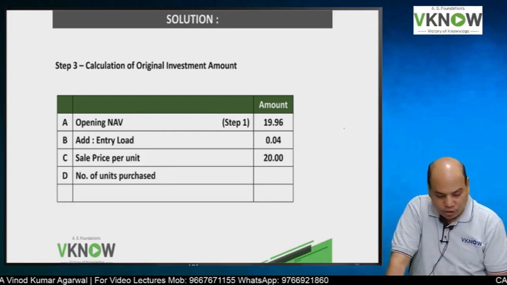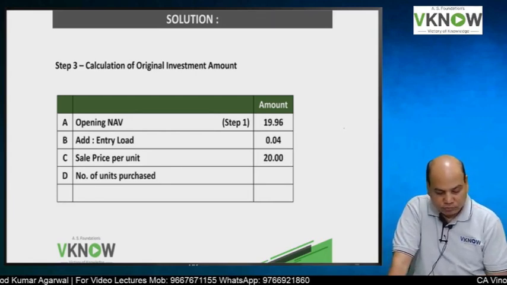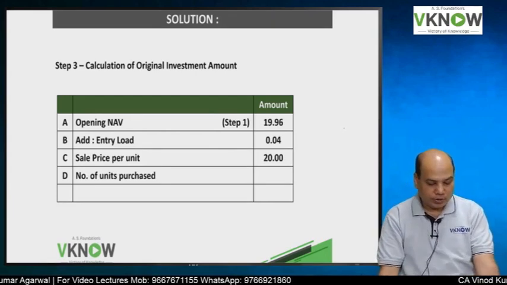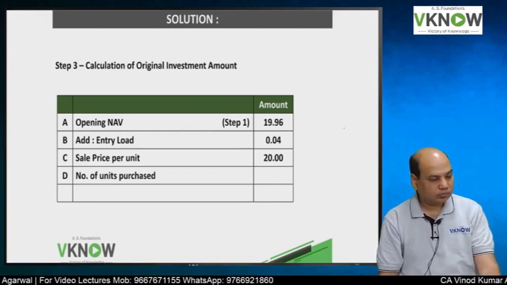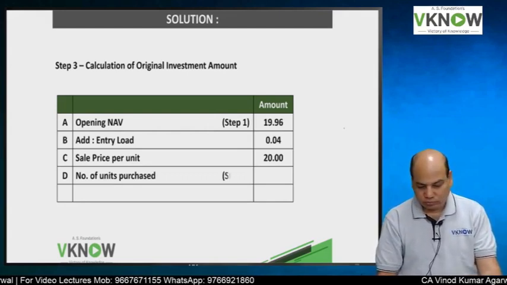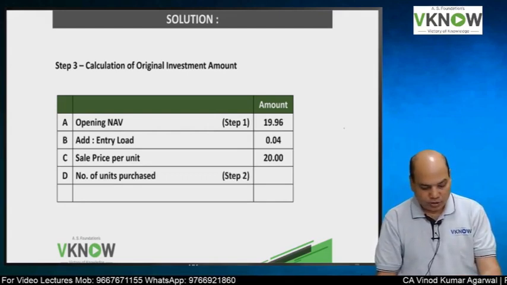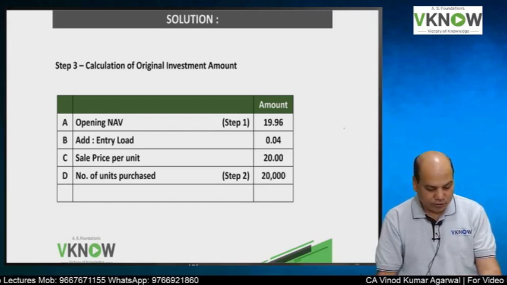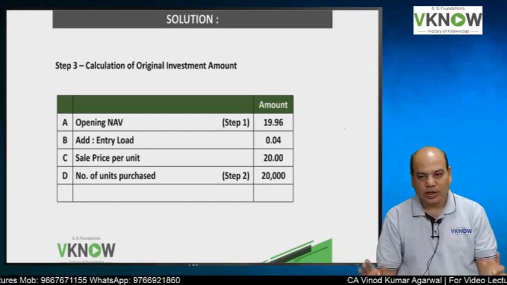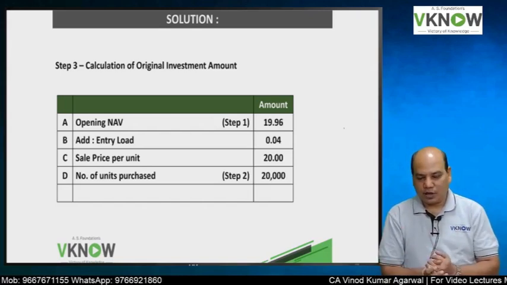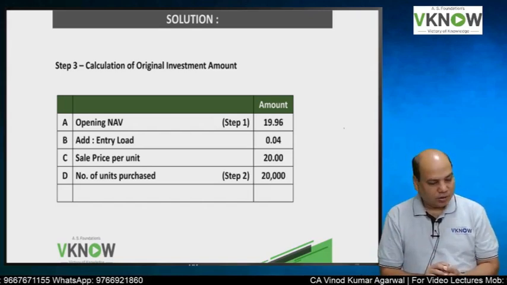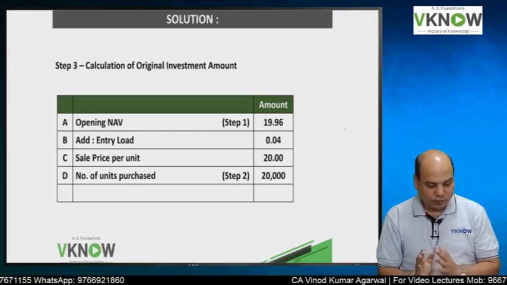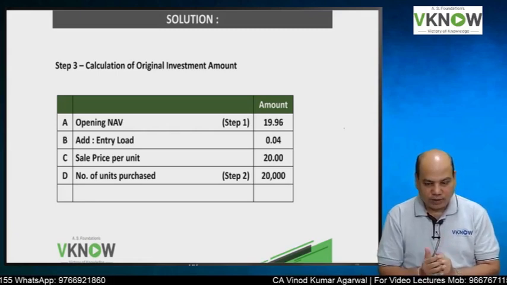Point D, write down number of units purchased. Number of units purchased is, as per step 2, 20,000. Now who will reply? Let me see who will reply first and fast.